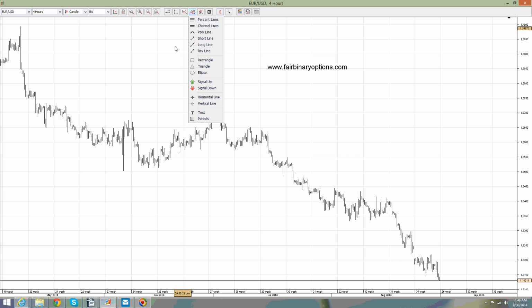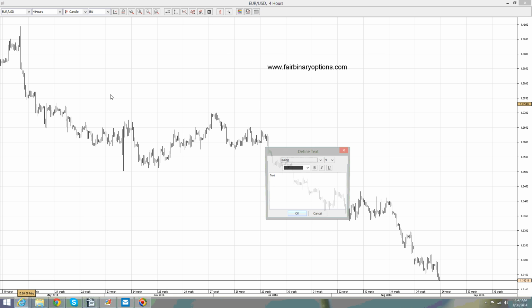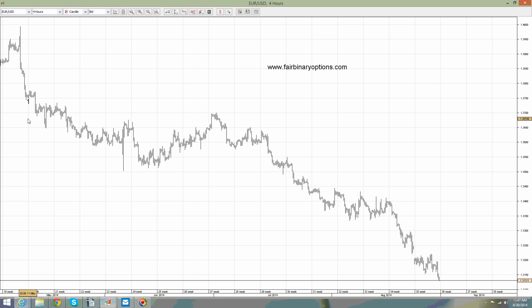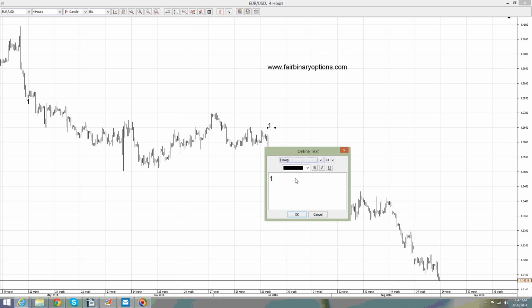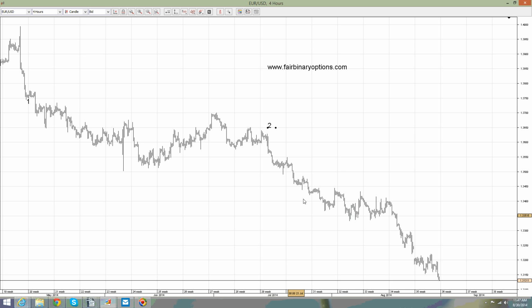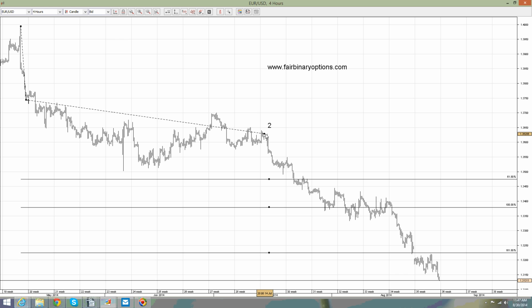In the Euro-US dollar, I would say we have a classical impulsive move, with either this one here being the first wave to the downside, like this, or this one here. It doesn't really matter. What is changed is only the extension for the third wave. If it is like the impulsive move to be done here, then we have the extension already completed by the time the market already reached the 161.8.